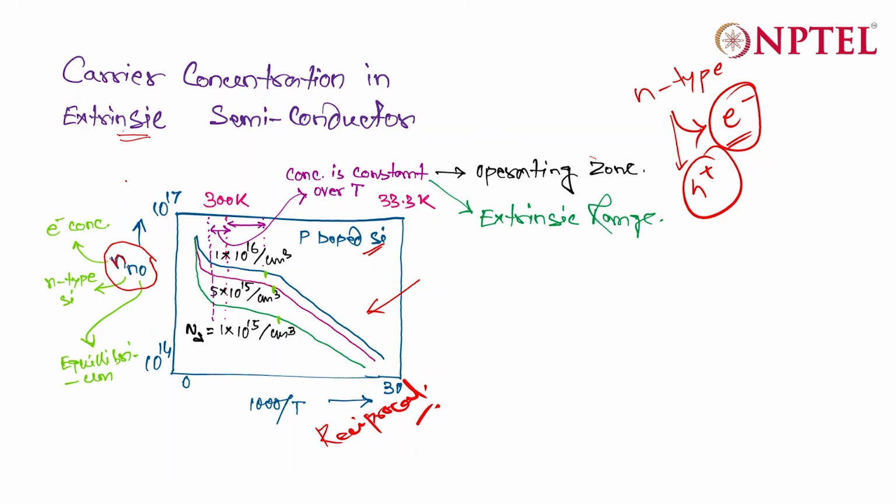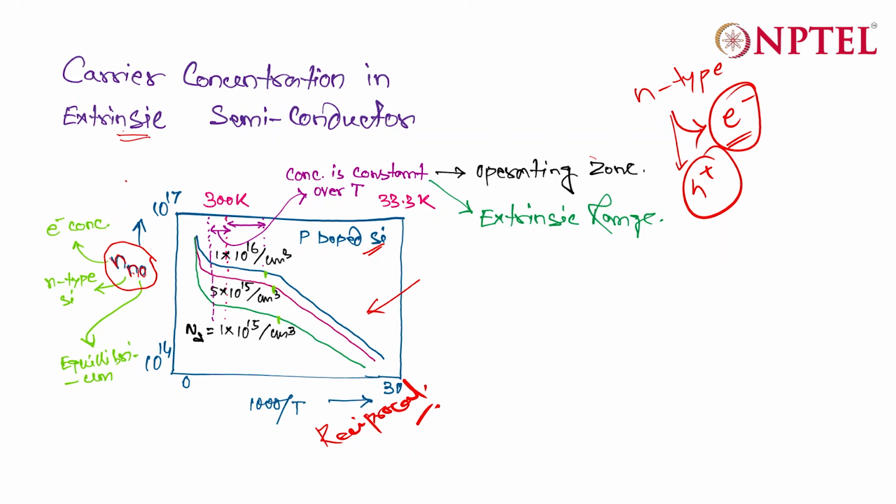Then suffix n shows what type of material it is. So it's an N-type material. That's why it's n suffix n. And the 0 shows that the semiconductor is under equilibrium. Now, what is equilibrium? That we will see in a few minutes.